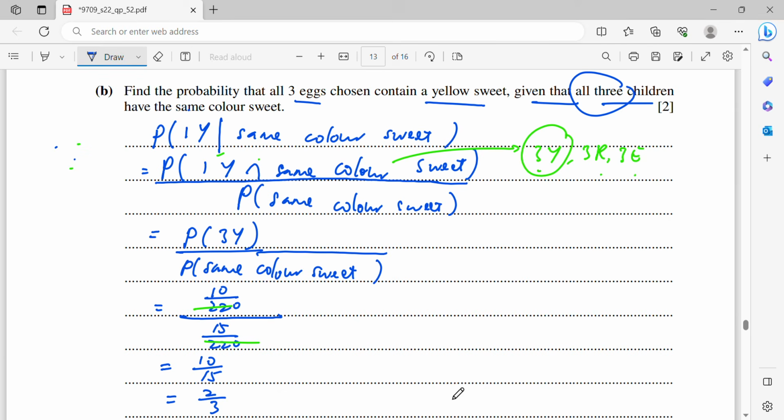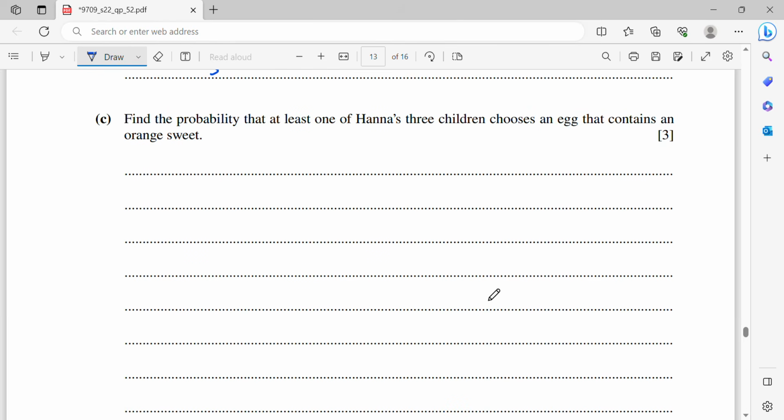Okay, now the next one. C, find the probability that at least one, which means it can be 1, 2, or 3, of Hannah's 3 children chooses an egg that contains an orange sweet. Right? So from here, I will write P, at least 1 orange sweet.